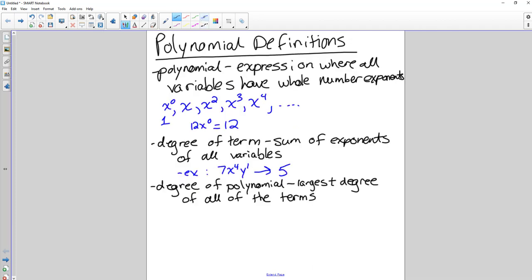So for example, if I have, let's keep our 7x to the fourth y, but let's add in an x, y to the fifth, z squared.